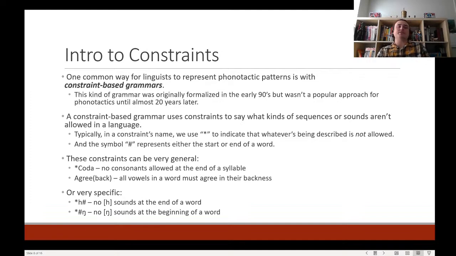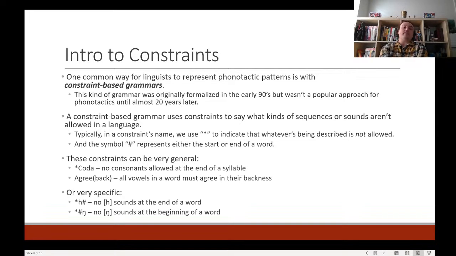So typically in a constraint's name, we use an asterisk symbol to indicate that whatever's being described is not allowed in that language. And there's also another symbol that's helpful to know, this hash symbol. Some people call it a hashtag or a pound sign. That represents either the start or the end of a word, usually when it's in a constraint.